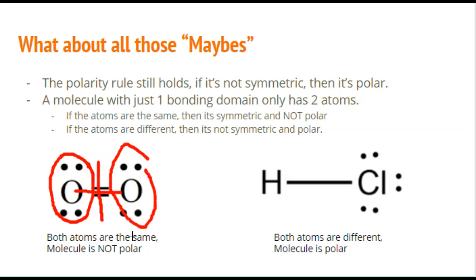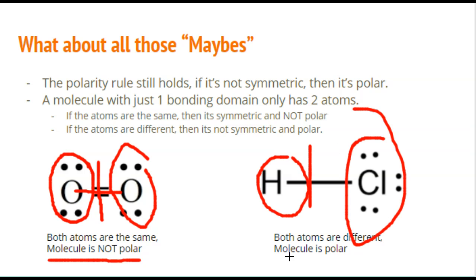So because both atoms are the same, the molecule is not polar. Now if we look at this molecule, this is HCl, notice that both atoms are different. When the atoms are different, that means the molecule is polar. There are two different sides to it. So that's where all of those maybes come into play.